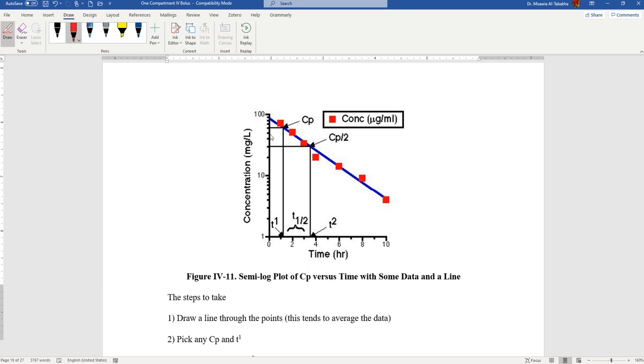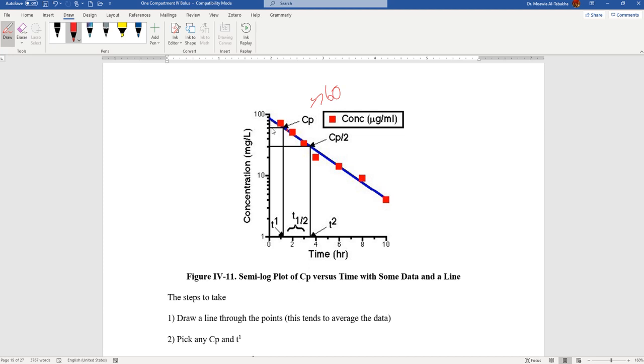For example, in this case, look at the concentration here: 10, 20, 30, 40, 50, 60. So here he used 60, but any concentration works. Notice he goes to the line and not to the points, because once you draw the best fitting straight line, you have to use that line and forget about the data points.